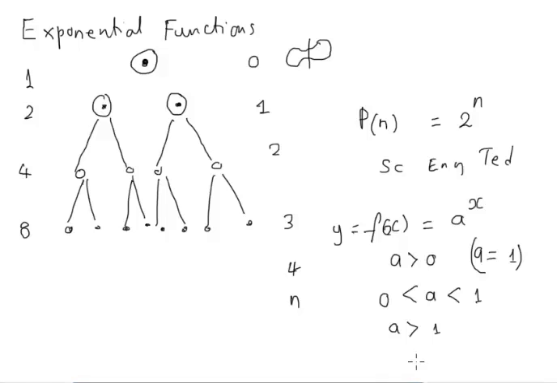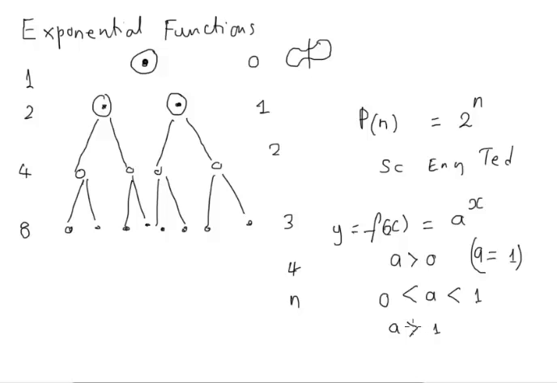Then what we're going to analyze is the properties of these functions when we've got these different conditions. But I think first of all, let's start with this base 2 and try to draw the graph and see whether it makes sense, and maybe deduce what other graphs would look like if we do not necessarily have 2.